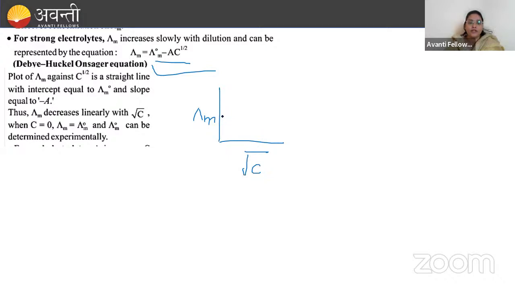Okay, with the intercept equal to standard molar conductance, and their slope is equal to -A, sorry, not -1, minus A. Okay, so the graph linearly decreases with the change in the under root of concentration. Okay, this is the Debye-Hückel-Onsager equation.